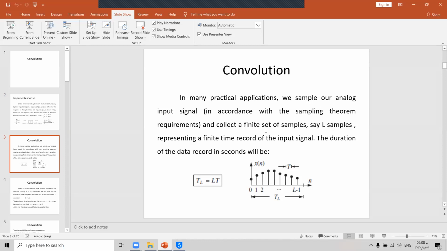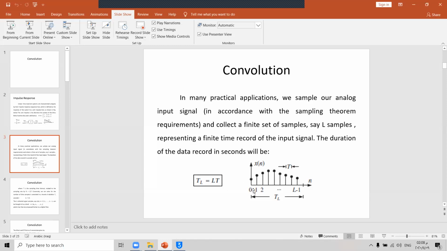Every time we work with discrete time or digital signals, we collect a specific set of samples. So now we are going to calculate the time required to collect L samples.